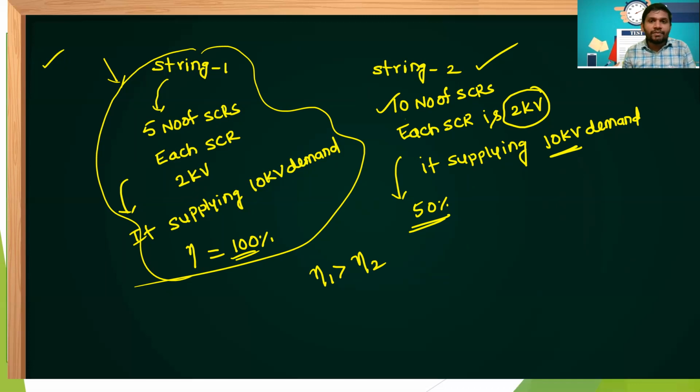Now the question is, how much reliable is the given string? Students, is it 20% reliable or 10% reliable or 15% reliable? It is measured by one term, that is nothing but the derating factor. Yes, friends, this is also a very important term. Please concentrate. What is the derating factor, DRF? What is the significance of the derating factor, students?